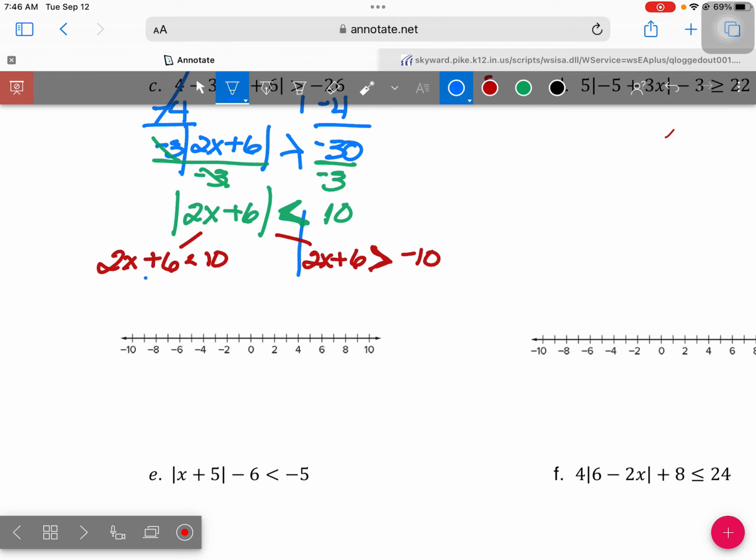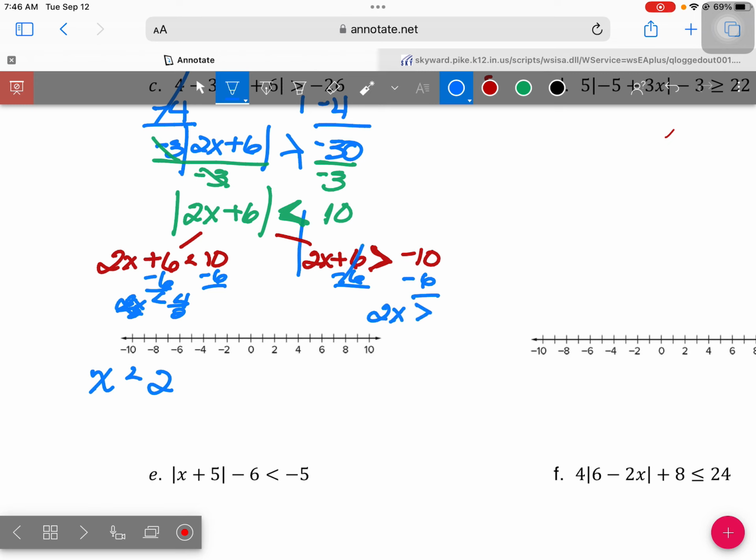Yes. So I still have open circles at 2 and at negative 8. X is less than 2. X is greater than negative 8. So it's going in between.